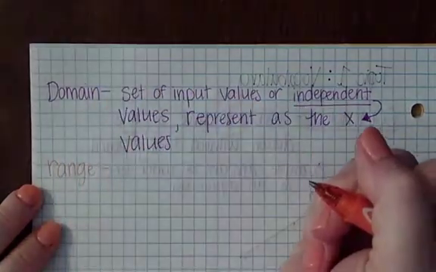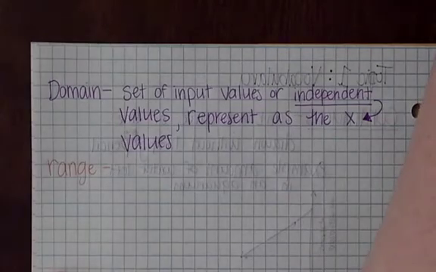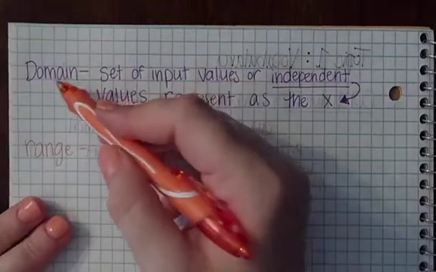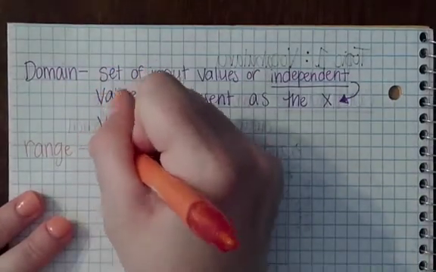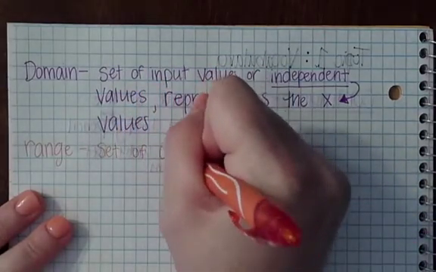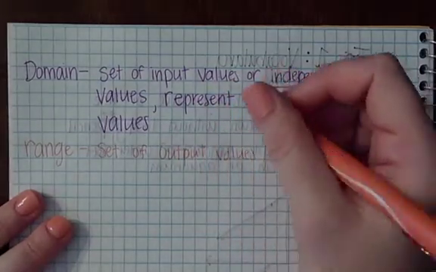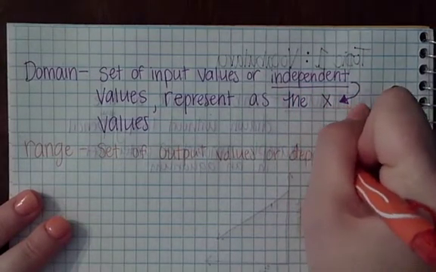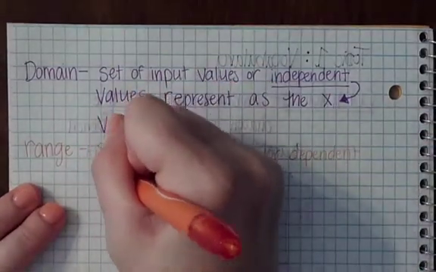range. Ooh, that might be hard to see. I might make it focus. Okay, so range is the opposite of domain. It's the set of outputs, values, or the dependent values.